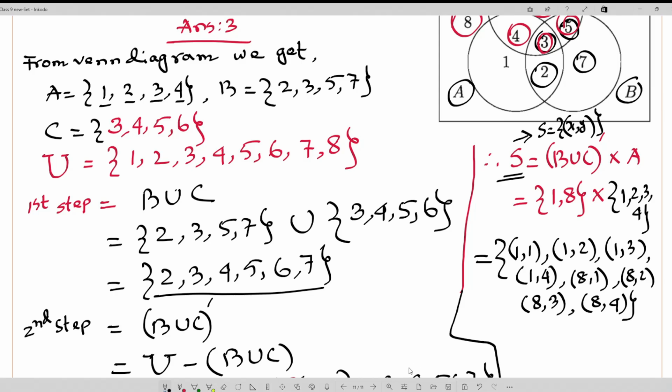The first elements, look, are only 1 and 8, because here it is 1, 1, 1, 1 and 8, 8, 8, 8. So dom S equals 1, 8, and this is our answer.